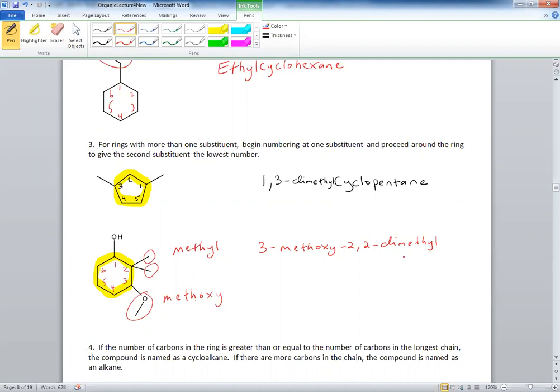And of course, we do not have to include the 1 because in cyclohexanol, it is implied that the OH is at 1. Cyclohexanol. All right, let me write it under here. Cyclohexanol.